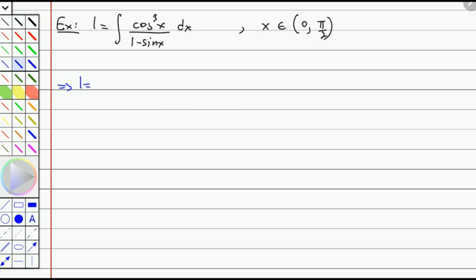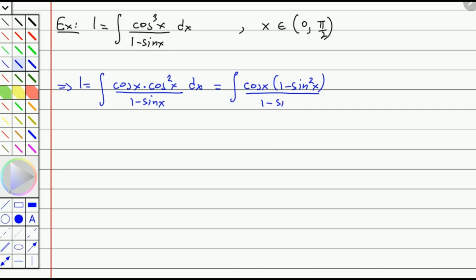I equals the integral of cosine x times cosine squared x over 1 minus sine x dx, that we can now translate into the integral of cosine x times (1 minus sine squared x) divided by (1 minus sine x) dx.